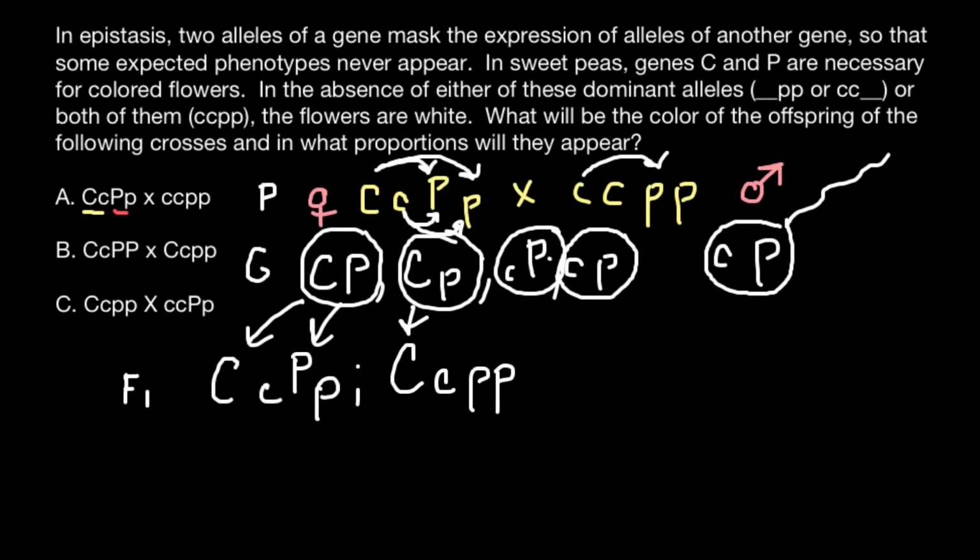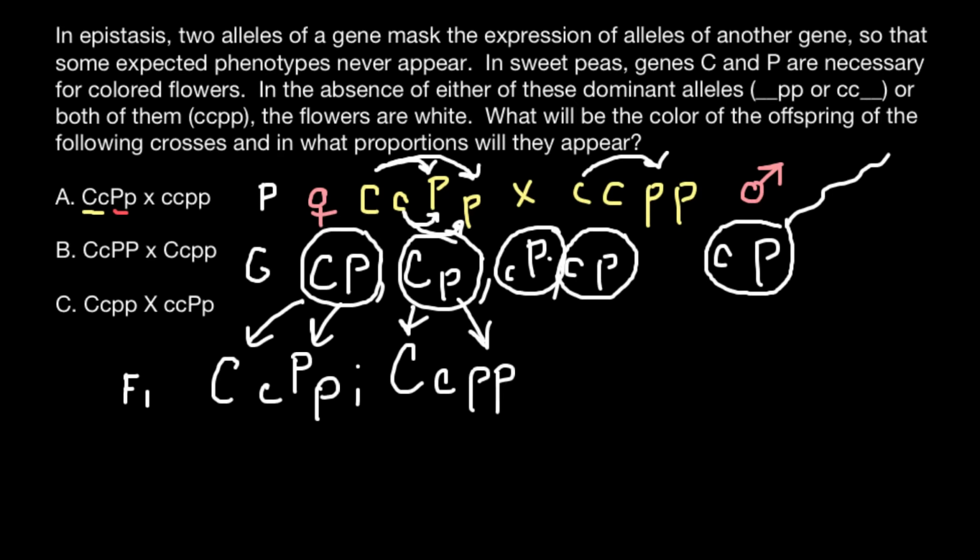Once again, this C goes here, this small p goes here, and this parent gives small c and small p. So this is going to be the second possible genotype of the progeny.